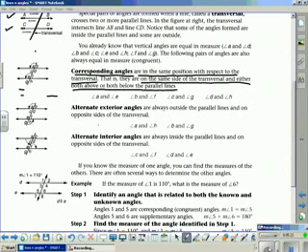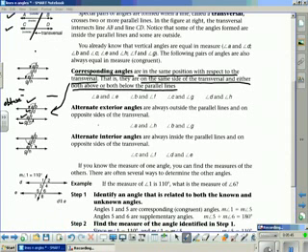Okay, so let's take a look at our angles right here. Angle A is what kind of angle? Well, it's an obtuse angle. The corresponding angle to angle A is angle E. Angle A and E are both obtuse. They're the same measure. We don't need to know now what the measure is. We just know that they're both the same.